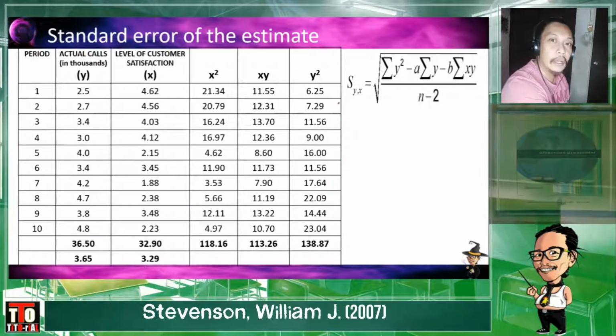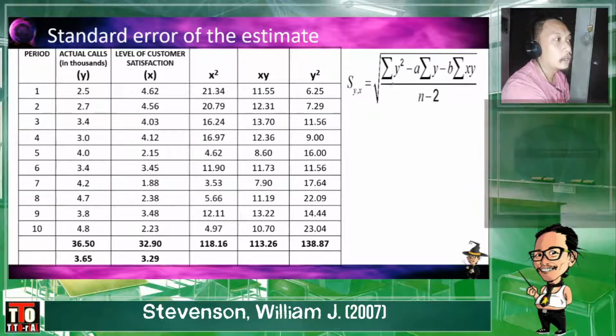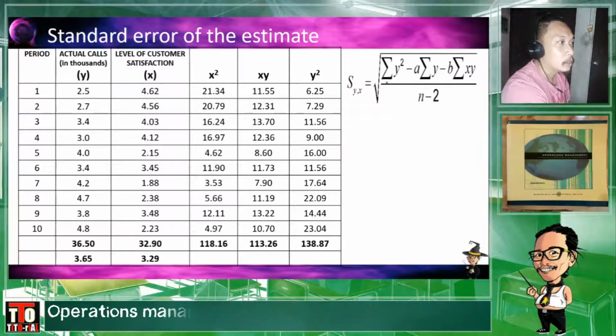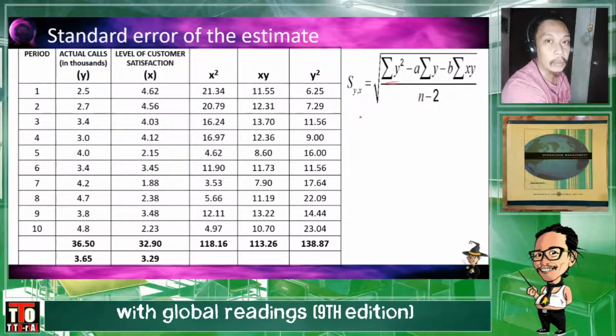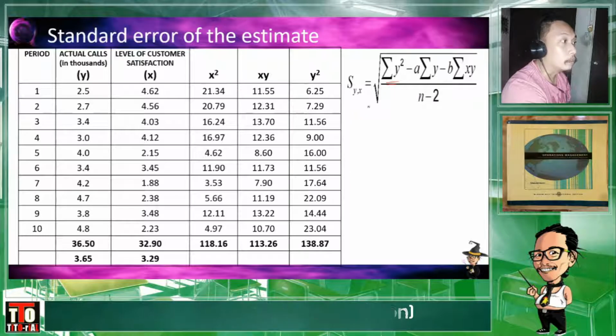So, since nakuha na natin yung kaisa-isang nawawalang value para sa formula natin ng standard error of the estimate, let's apply now the values na meron tayo sa ating formula.